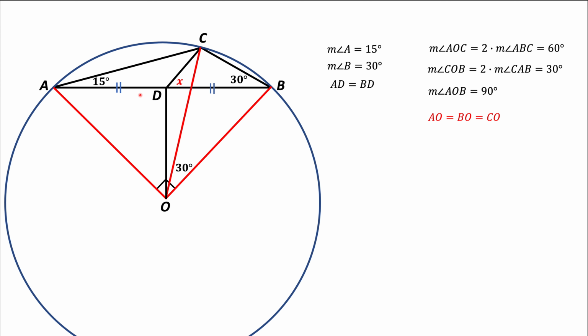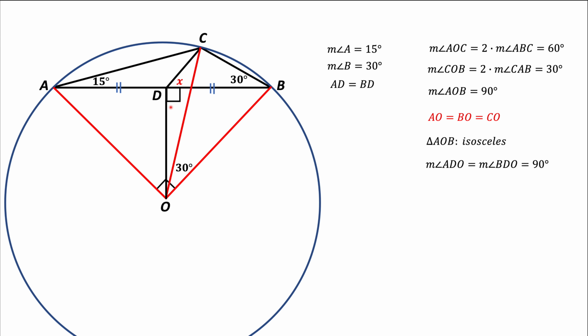Notice this is the bisector of the side AB of the triangle AOB. Triangle AOB is an isosceles triangle since AO equals OB. And as such, this bisector OD, bisector of the side, will also be the altitude of this triangle.